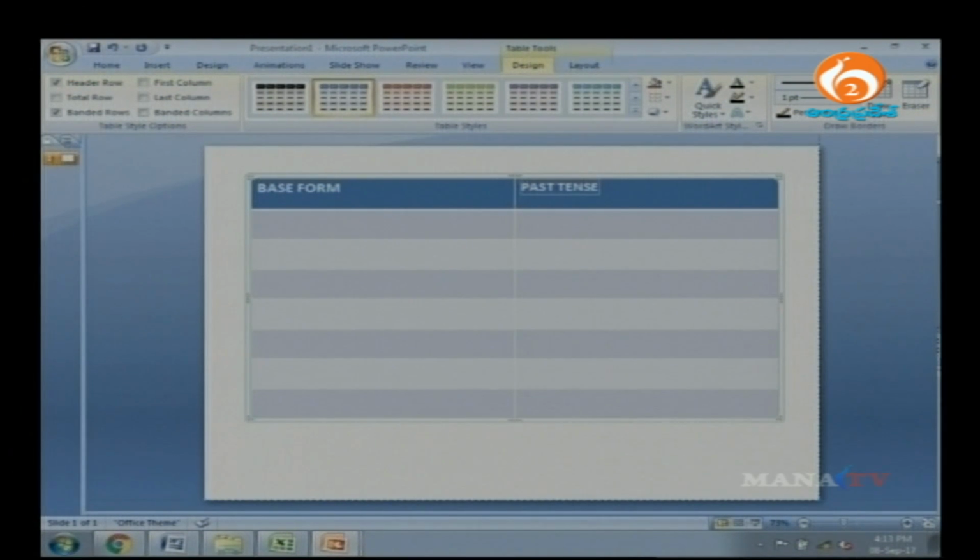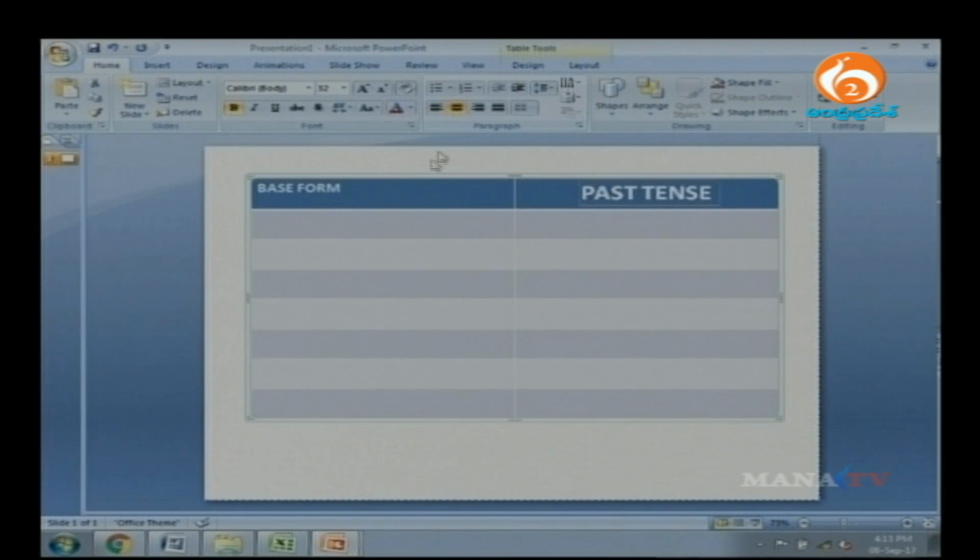So I am going to mention the base form as well as the past tense form.